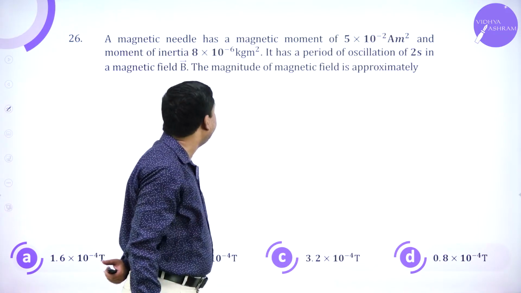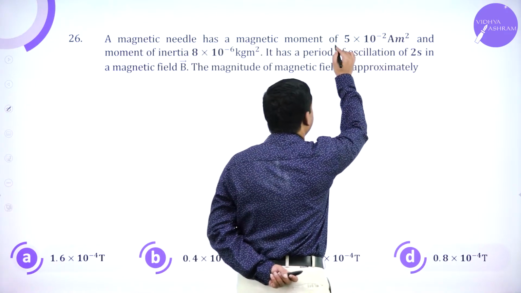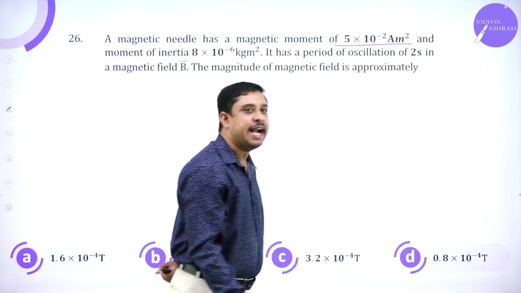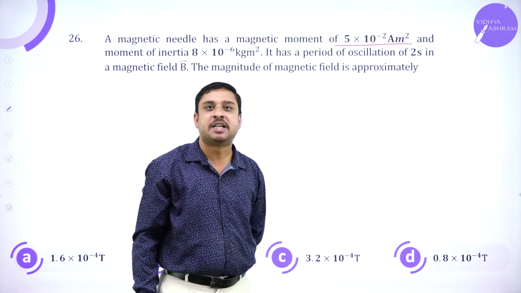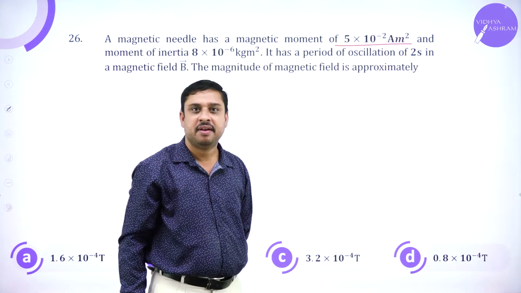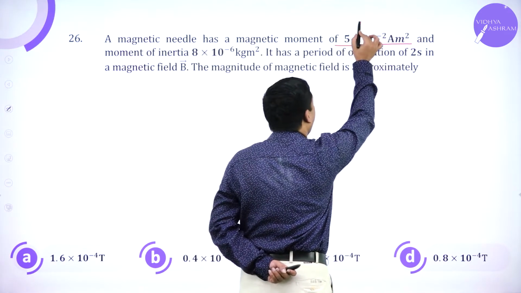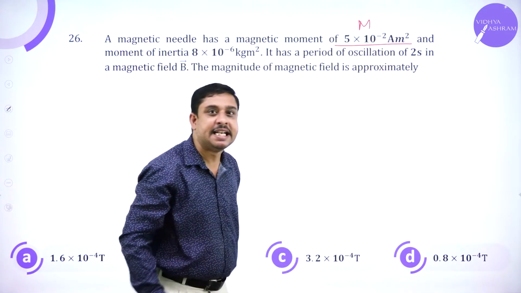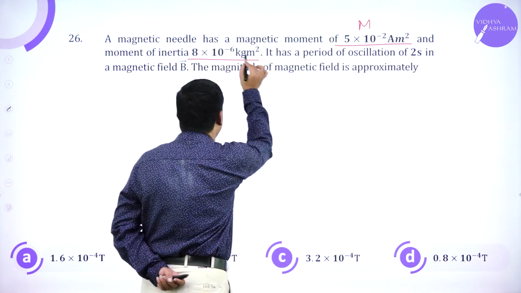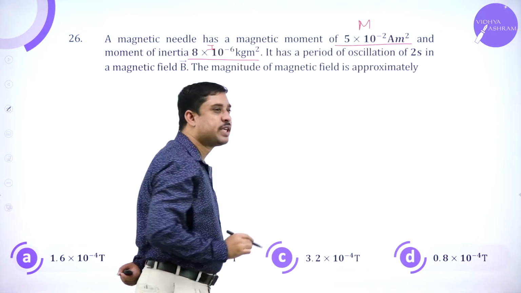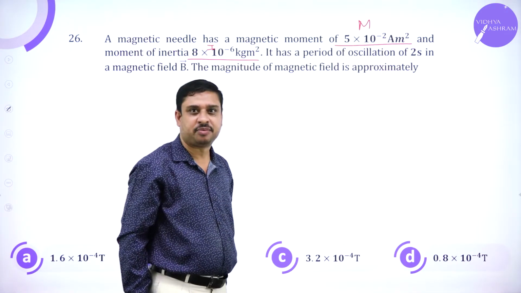A magnetic needle has a magnetic moment 5 into 10 power minus 2 ampere meter square. The magnetic moment M of a magnetic needle is given, and moment of inertia 8 into 10 power minus 6 kg meter square.